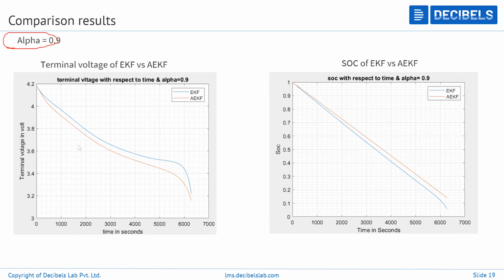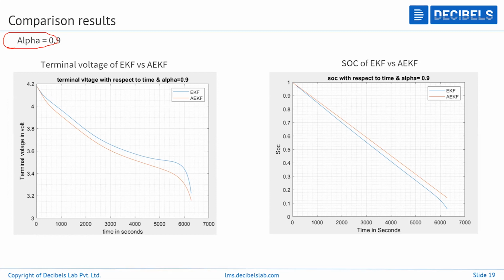Okay, yeah. So many people are thinking, how can we select this alpha value, right? So it depends on a lot of parameters. A lot of testing has to be carried out. Testing means not the cell testing or something like that, but on the other part, how accurate our sensors are.